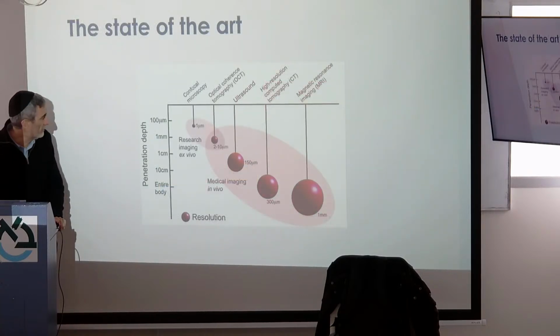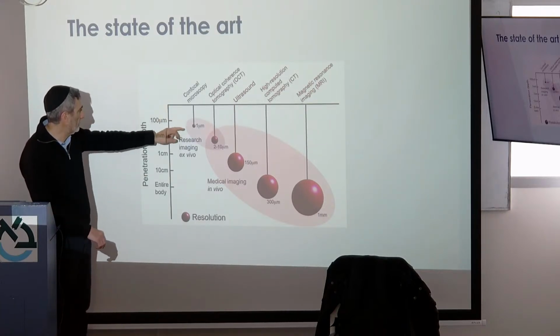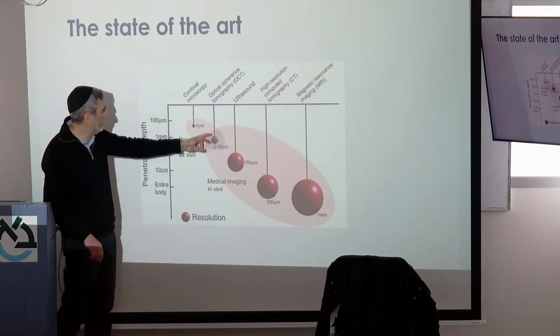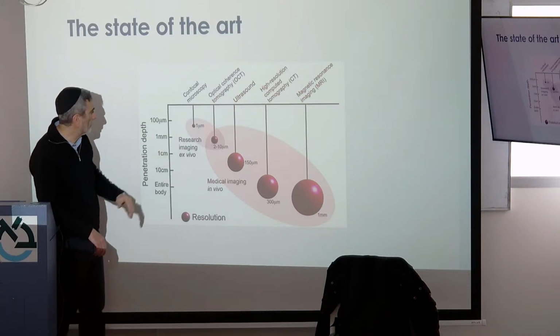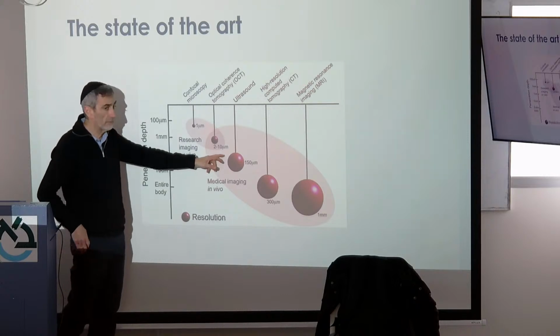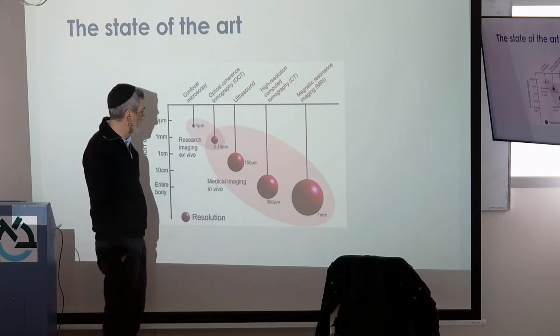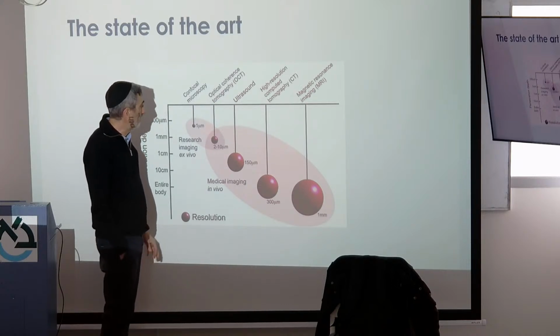So that's the state of the art here. You have confocal microscopy, micron, OCT, 2 to 10 microns, even 100 microns. Ultrasound, so that's the standard ultrasound technique to do medical imaging, about 150 micron resolution.